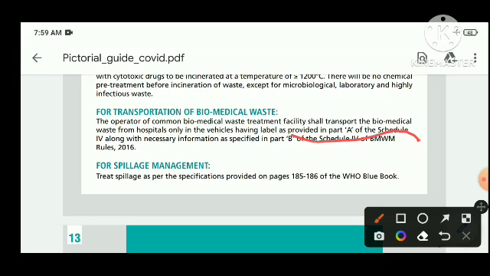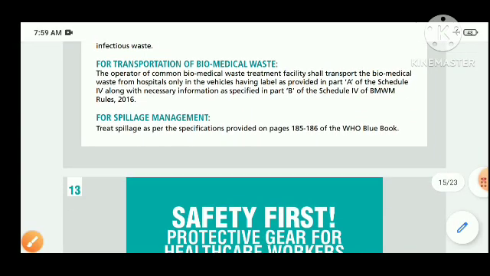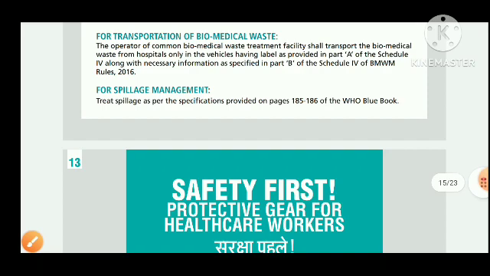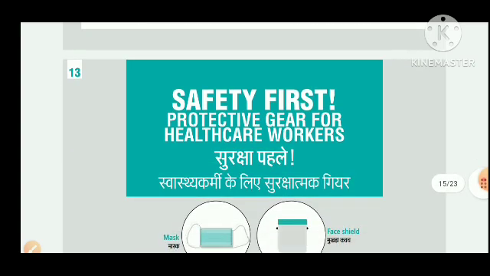Okay. So next is spillage management. Already we have seen how we are going to do the management of the spillage, chemical, body fluids and all that. So here you can see that to treat the spillage as per the specification provided on page number 185 to 186 of the WHO Blue Book. So as per the Blue Book, you have to treat the spillage.